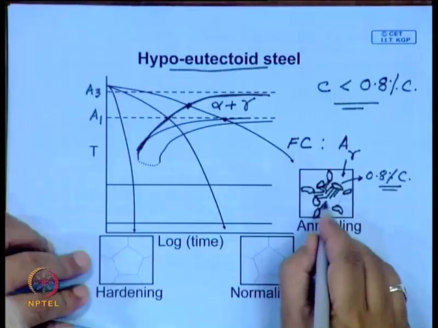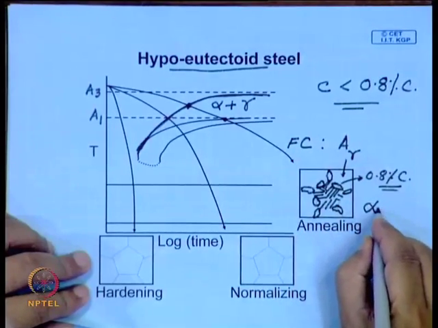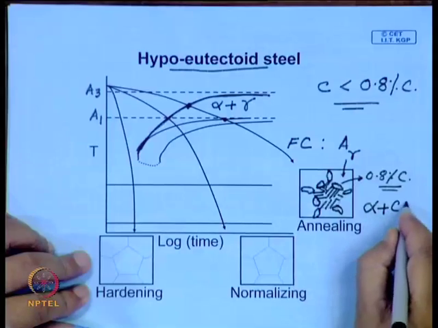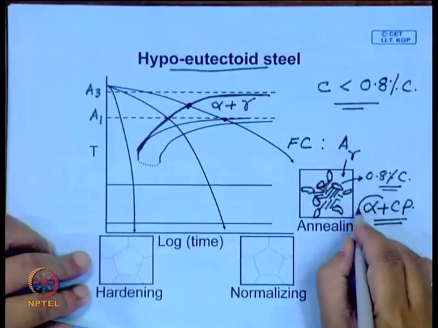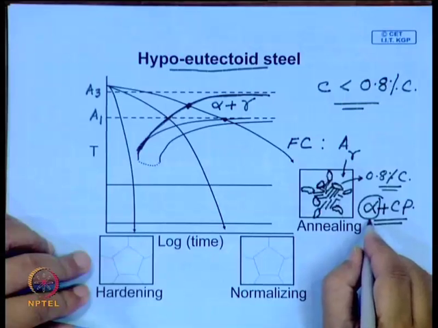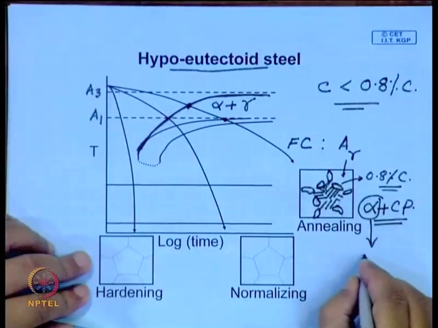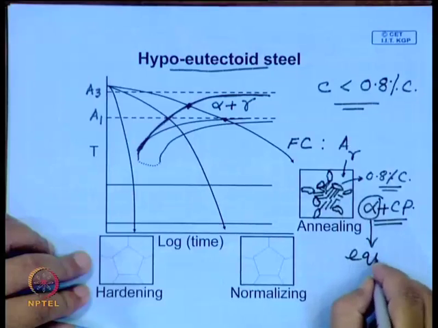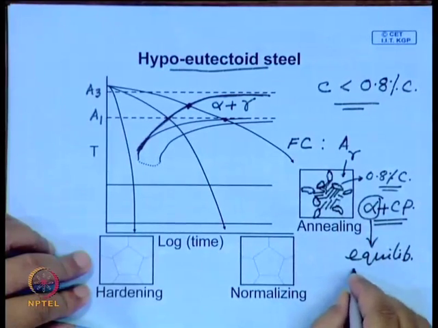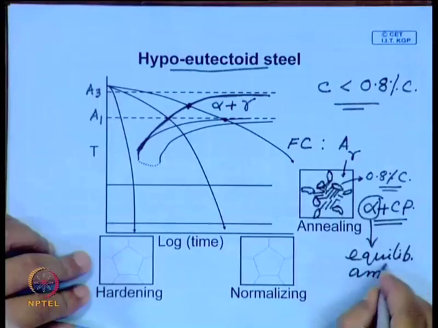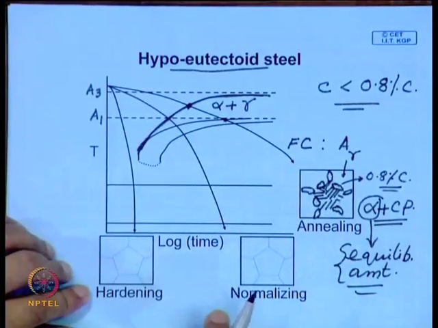This is how, in the case of annealing, you will have pro-eutectoid ferrite plus coarse pearlite, and since it is a slow cooling, the amount of pro-eutectoid ferrite will approach the equilibrium amount as predicted by the phase diagram.